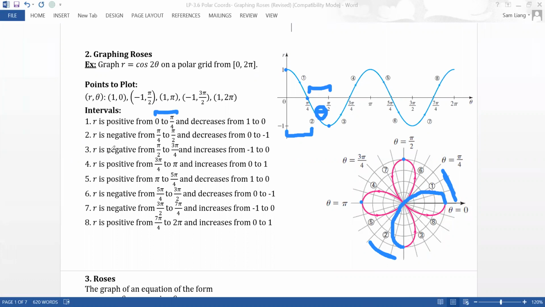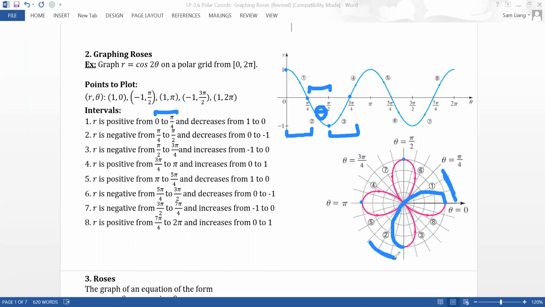So R is negative. That's interval 3, from pi over 2 to 3 pi over 4. That's this one right here, right? 90 degrees to 135, and increases from -1 to 0, right? How that translates to our polar graph is, R is negative, so start on the left side of the polar axis, rotate 90 to 135.